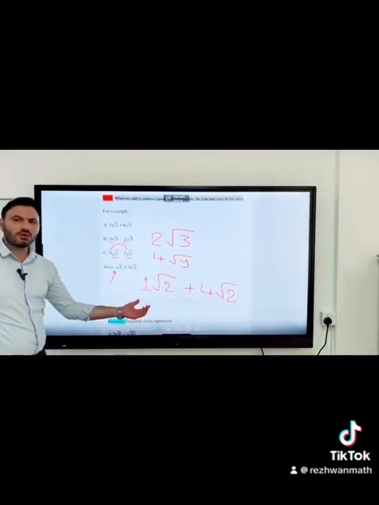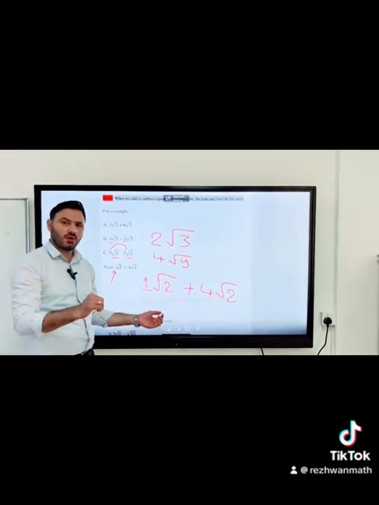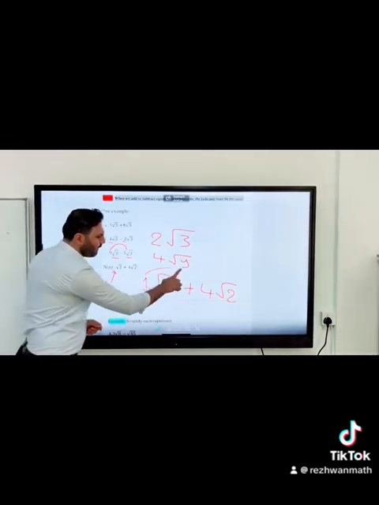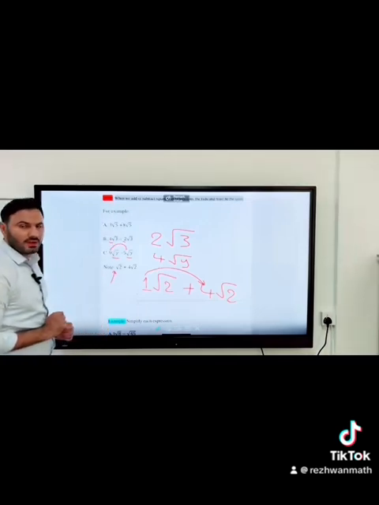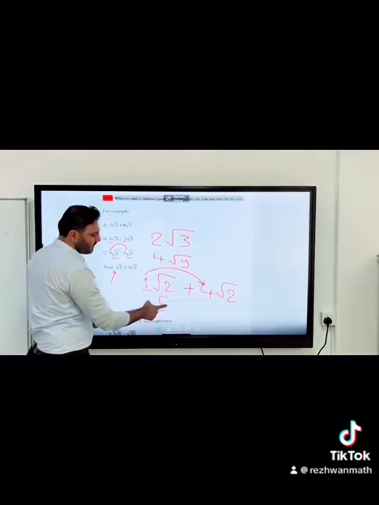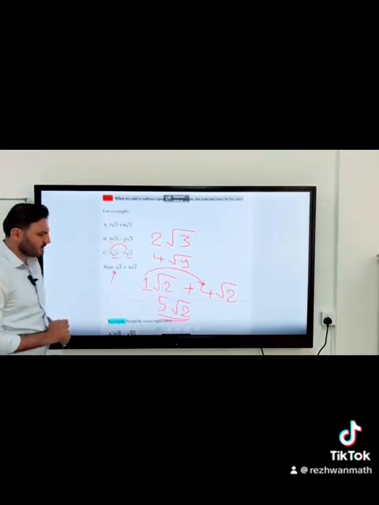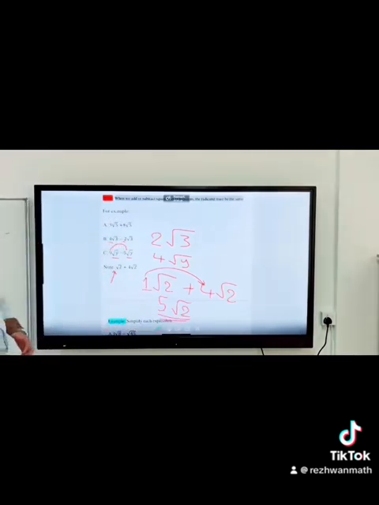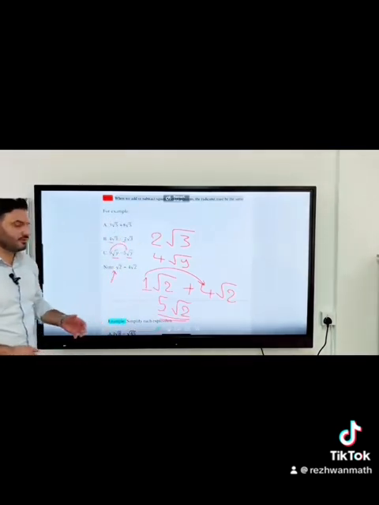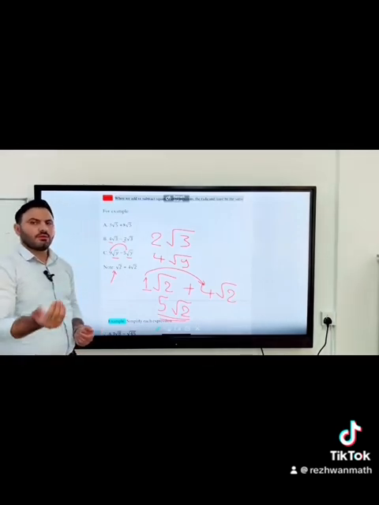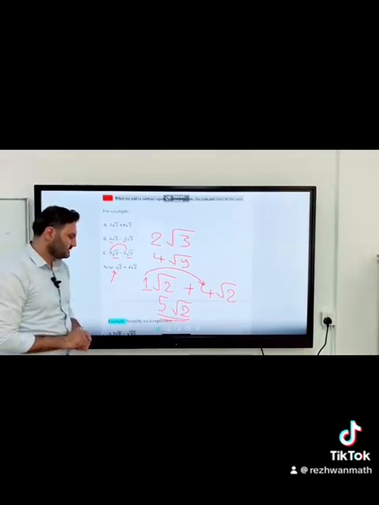So 1 plus 4, we get 5 square root 2. It's the last answer. We said if we have the same radical, we can add and subtract the number in front of the square root.